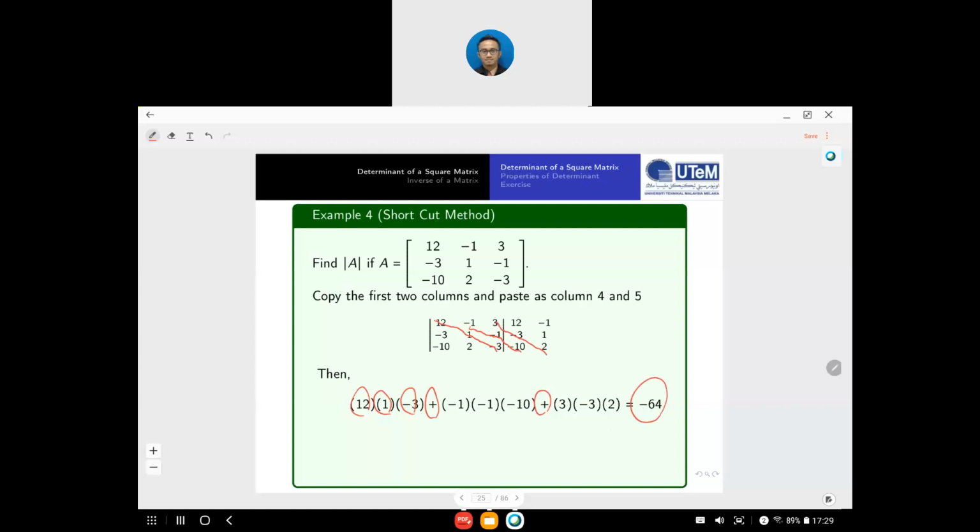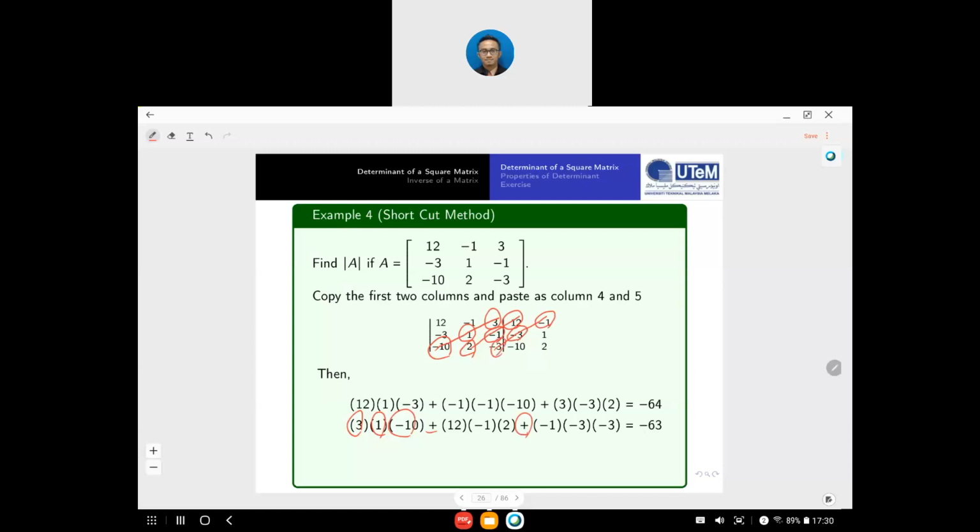And one more thing, you have to find the cross on the other side as well: 3 times 1 times negative 10, plus 12 times negative 1 times 2, plus negative 1 times negative 3 times negative 3.